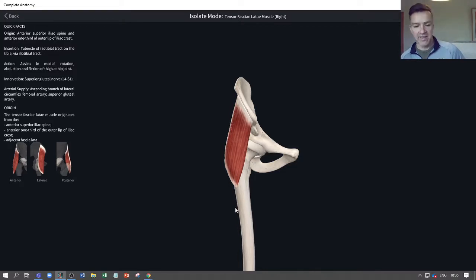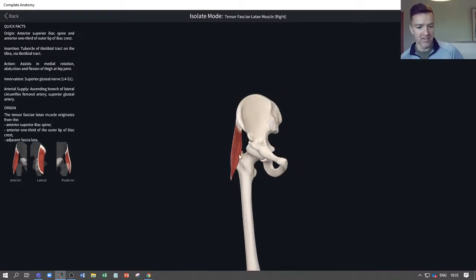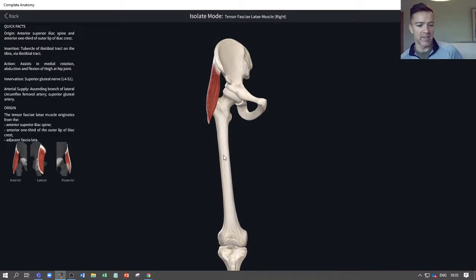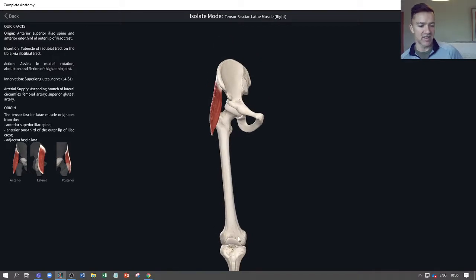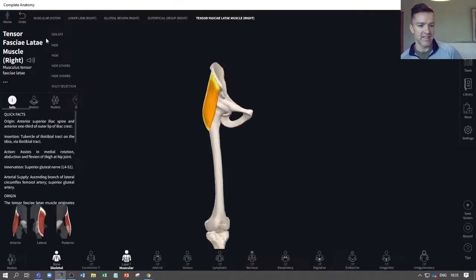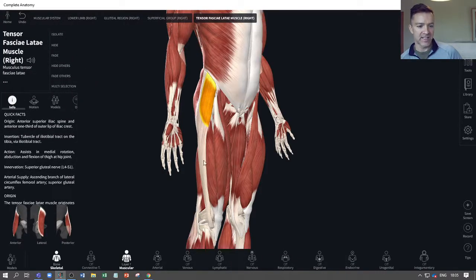Then this muscle inserts onto the tibia. Now we can't really see the insertion on the tibia at the moment, because what we have is a long band of connective tissue that joins this muscle, the TFL, the tensor fascia latae muscle, to this iliotibial tract.